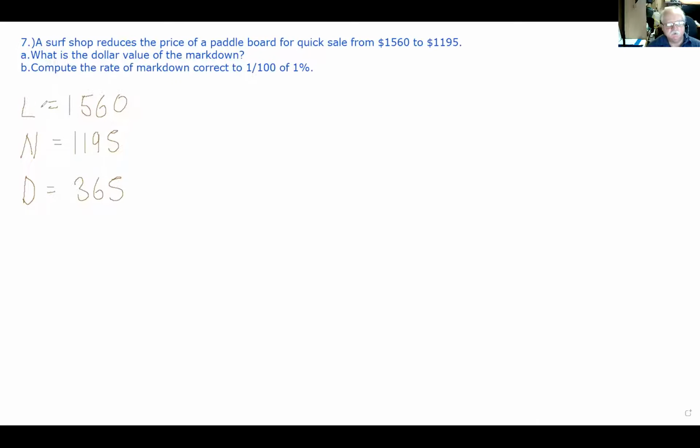And the reason I've put this in terms of list, net, and discount is that we learned how to use this process in the previous part of the chapter. And the rate of markdown, the little d, is equal to the dollar value of the discount over the list. So 365 over 1560, and then we'll have to go times 100 to turn it into a percent.